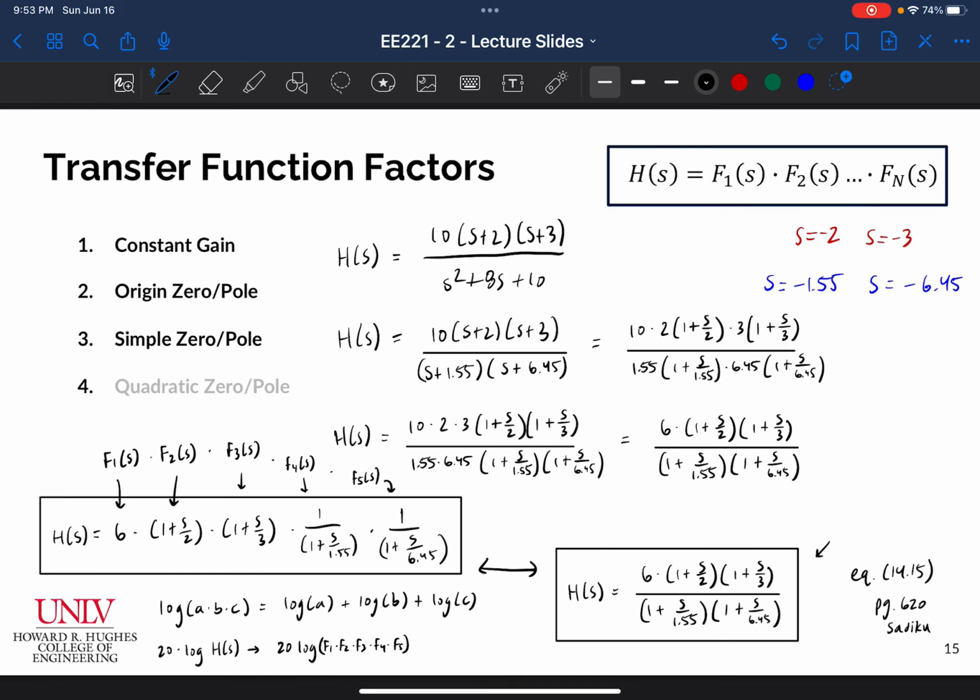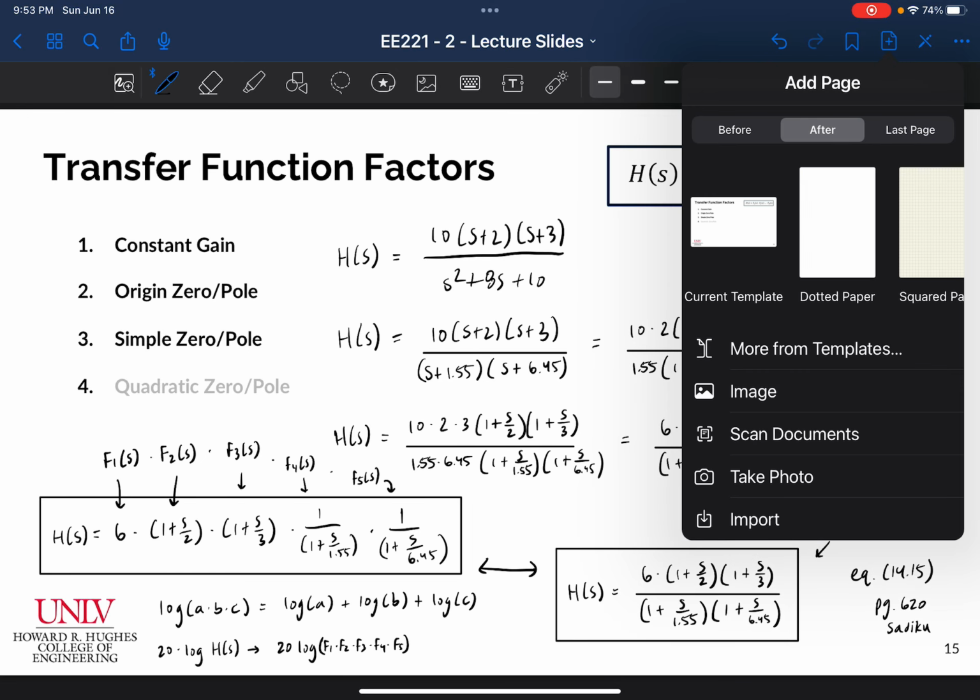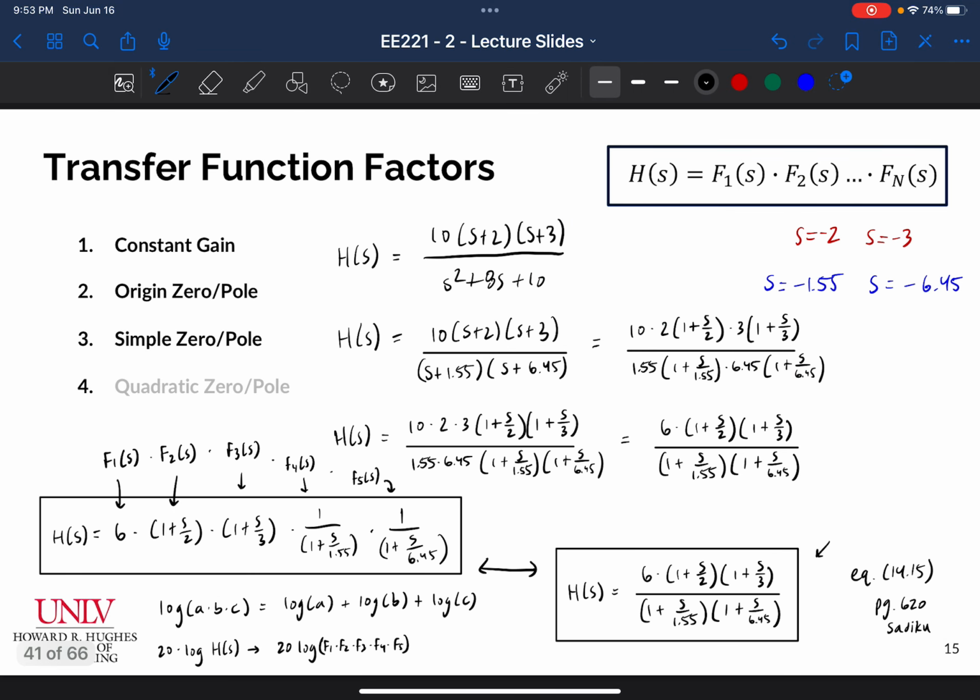And that, I'm running out of room here, big time. Let me just add another page because I didn't even talk about this stuff yet. I'm going to wrap this video up pretty shortly, but let me just copy this over.